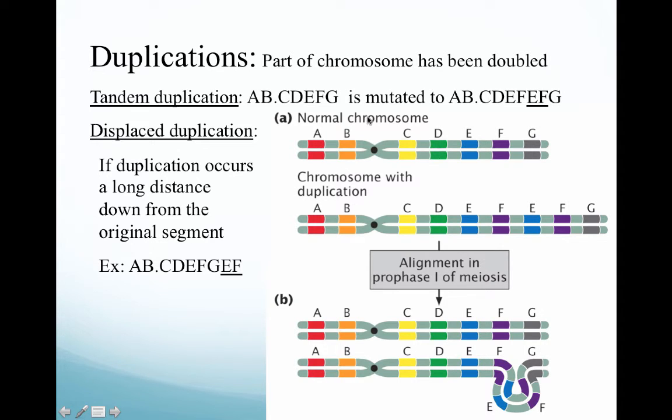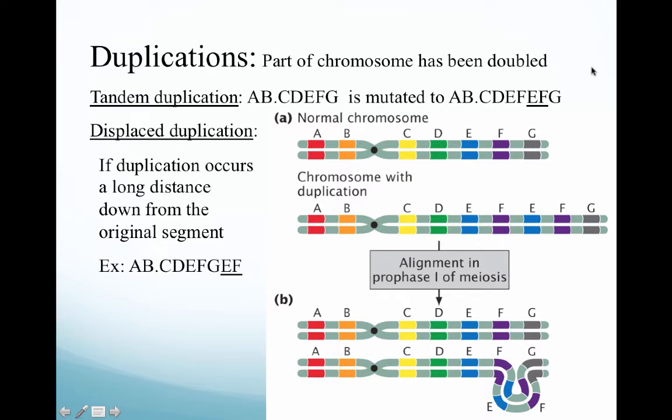So for example, in a normal phenotype, if we had the A gene, the B gene, the centromere, C gene, D gene, E gene, F gene, and G gene, in the case of tandem duplication, we would see the E and F gene being duplicated again and then stuck in right after the two genes that they were synthesized from.